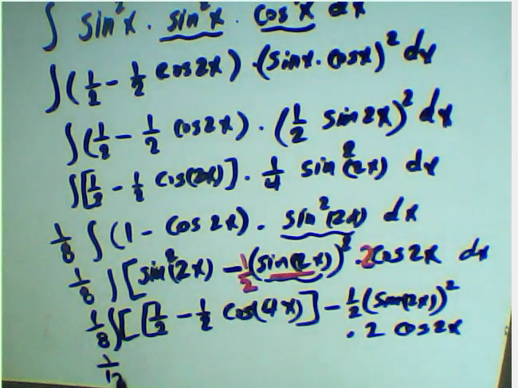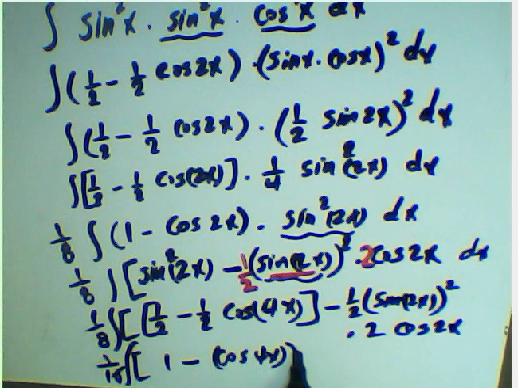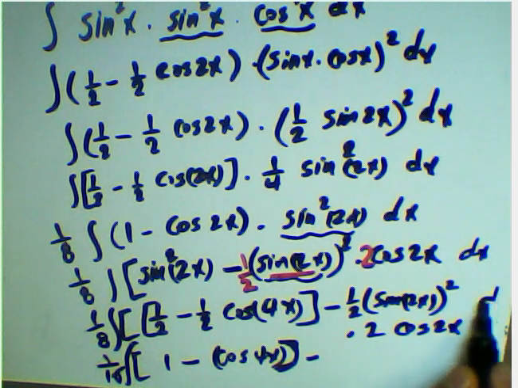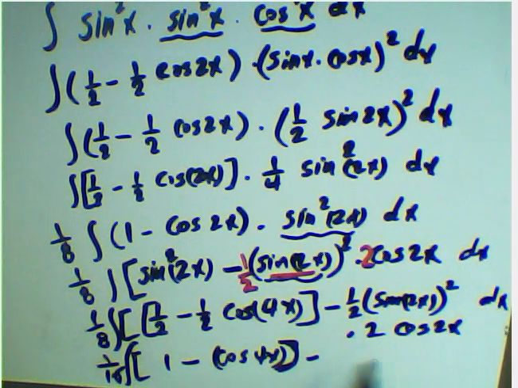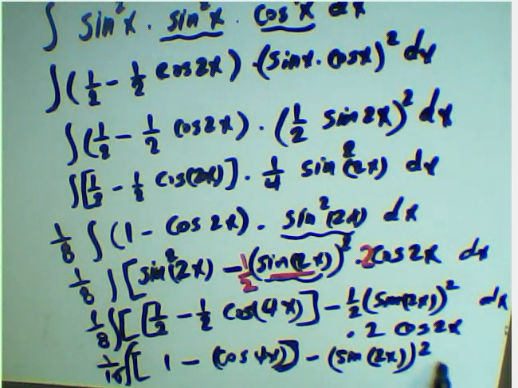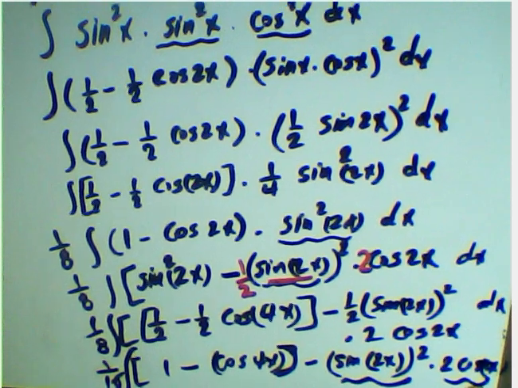The result will be 1 over 16, and integration here about this function 1 subtract cosine 4x subtract by this function here sine 2x all power 2 dot 2 multiplication cosine 2x. This function, the derivative about it behind it.